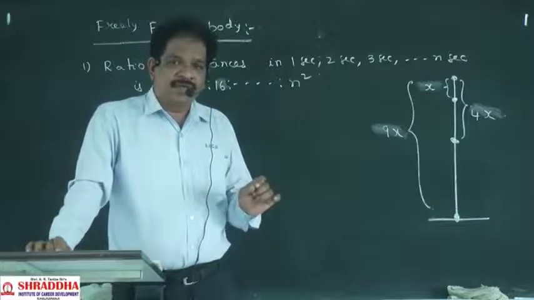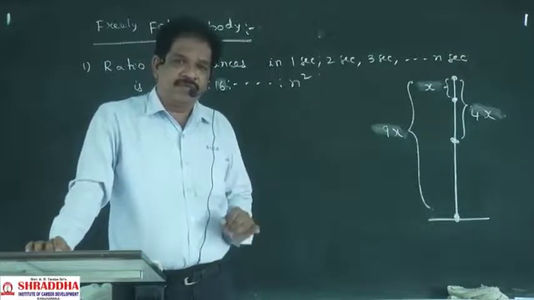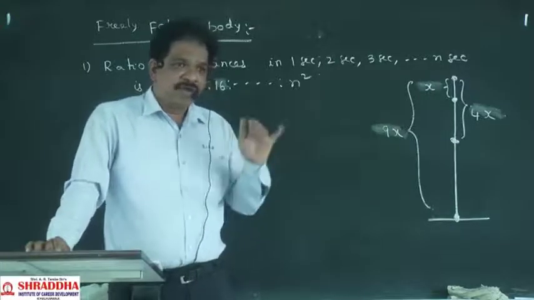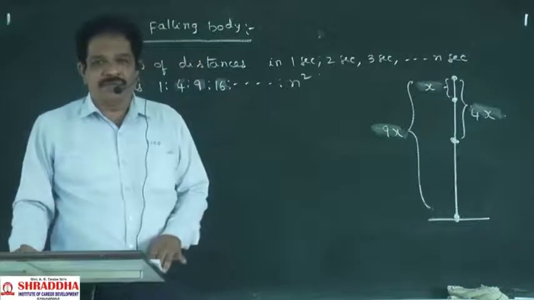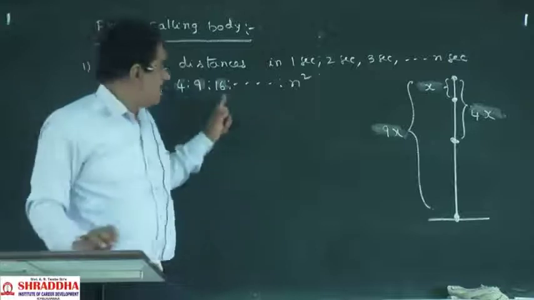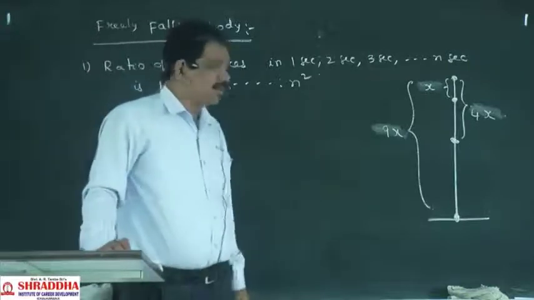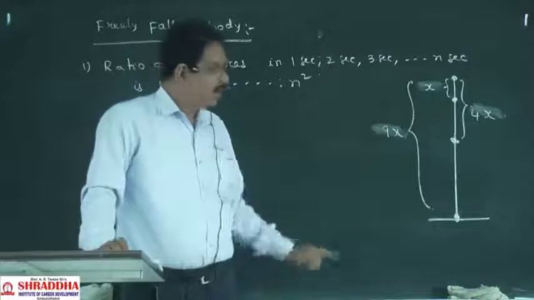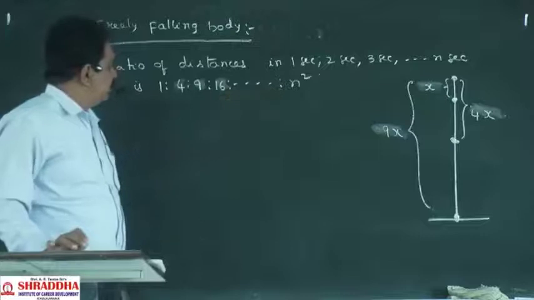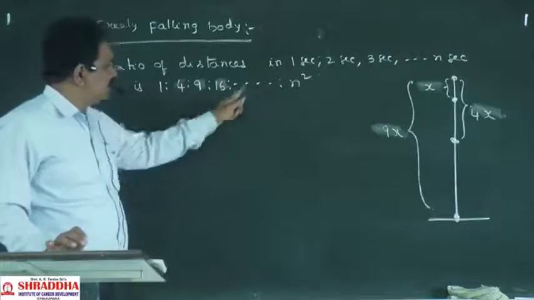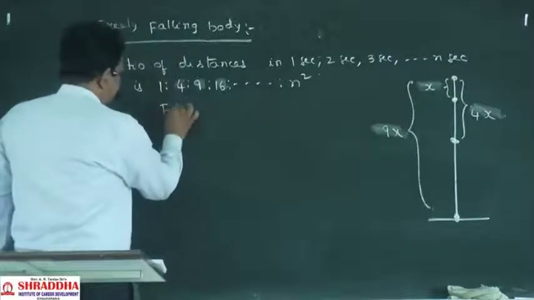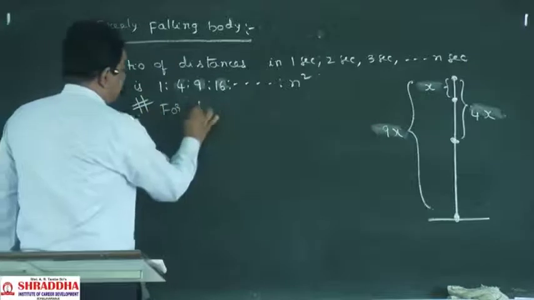I considered a freely falling body. After 1 second it traveled some distance, after 2 seconds it came to some position, after 3 seconds it covered some distance. The ratio of the total distances covered, if we calculate, will be 1:4:9:16, n square. How is it gained for a freely falling body?